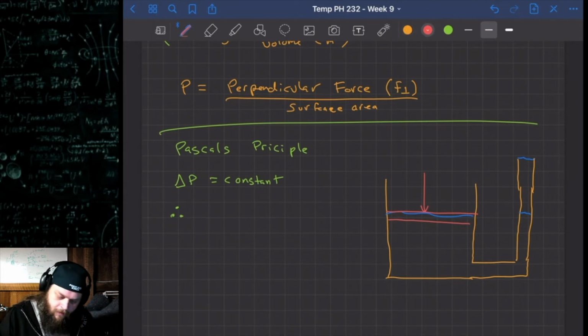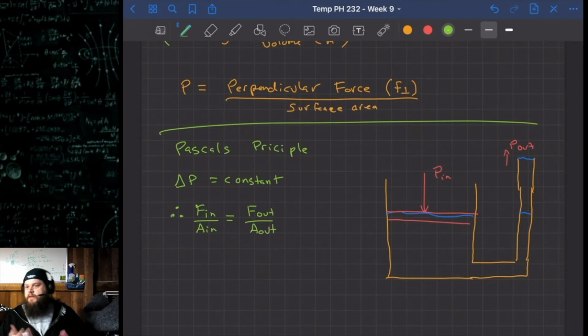And we can see that the pressure here, which is the force per area, the pressure in, is going to equal the pressure out. So we can say that the force in divided by the area in is going to be equal to the force out divided by the area out. And this is the nature of how hydraulic systems work.